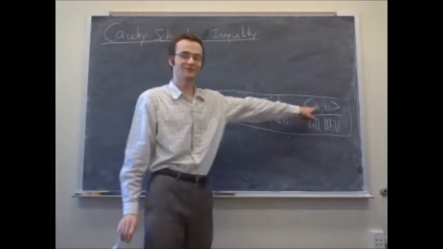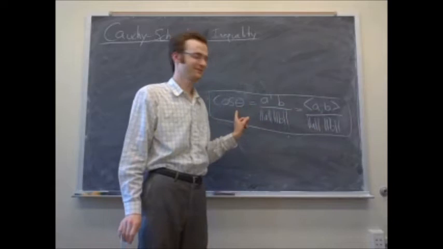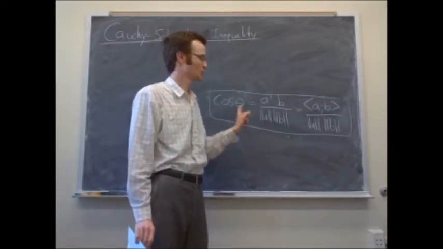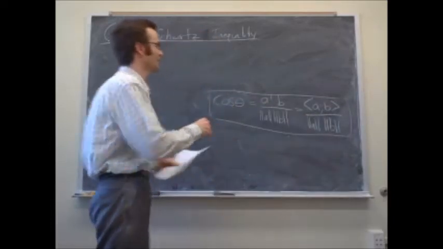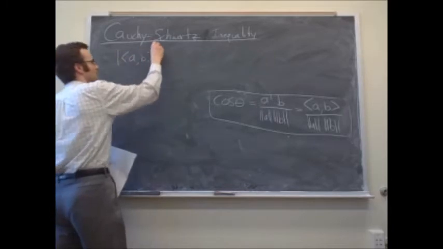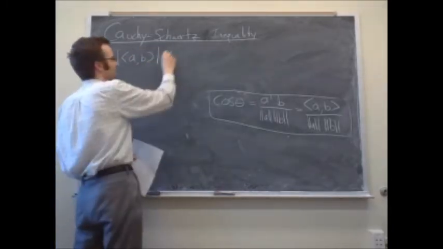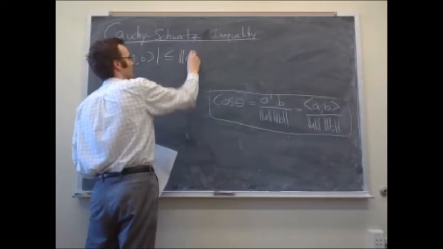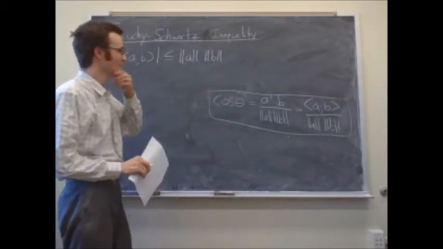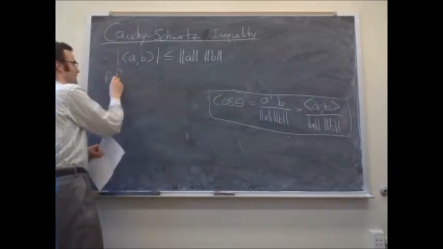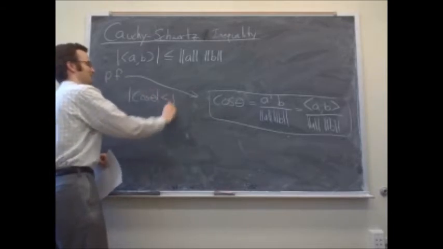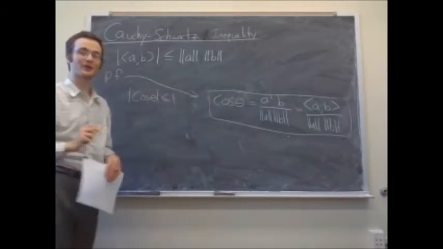And this is the inequality. Well, cosine is between 1 and -1. So we can use that over here, and we can say the absolute value of this inner product has to be less than or equal to the norm of A times the norm of B. The proof is that the absolute value of the cosine of theta is less than or equal to 1.